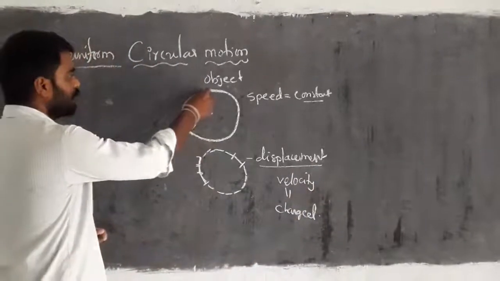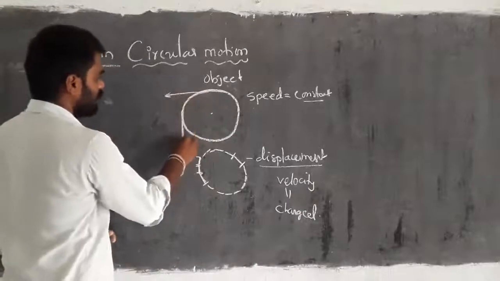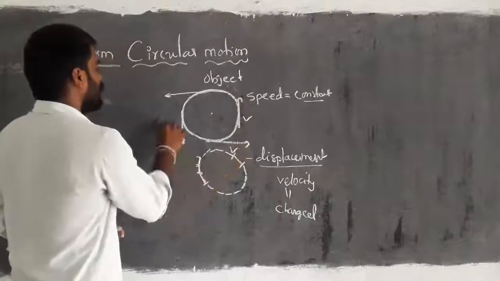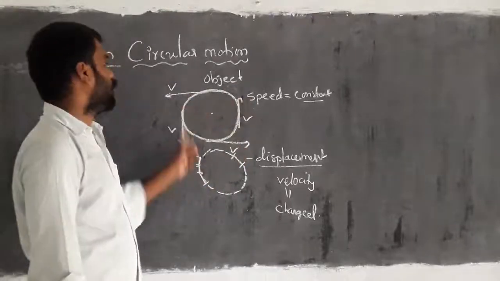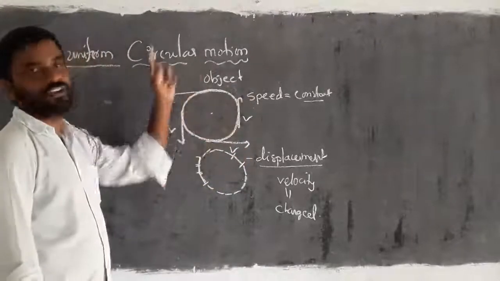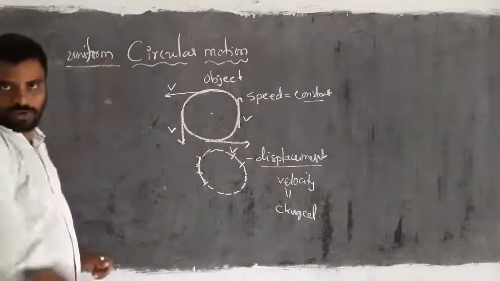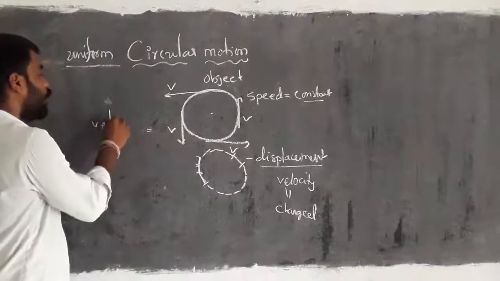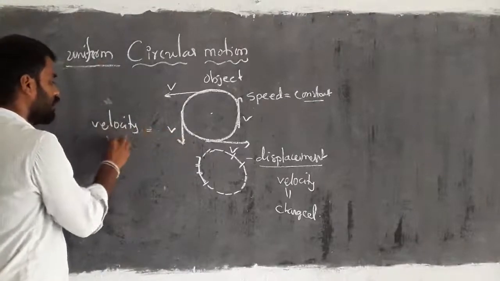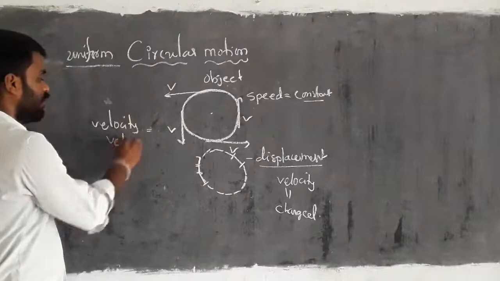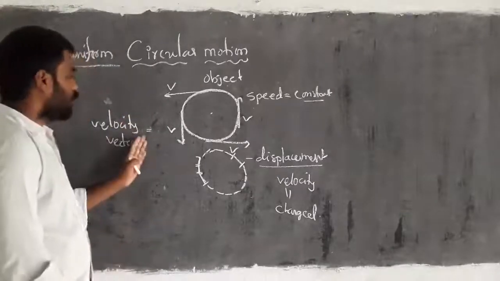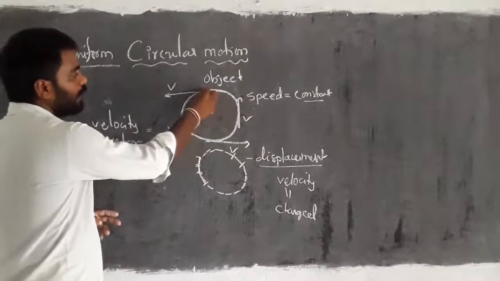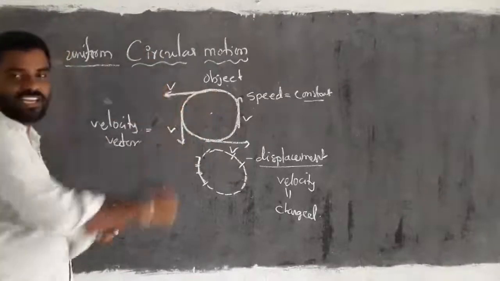So that simply we can represent like this. So these arrow marks are showing the velocity of the particular object which is moving on a circular path with uniform motion. Then this one we call velocity vector. Always, once the object is released at any point, it will move in a straight line path like this.